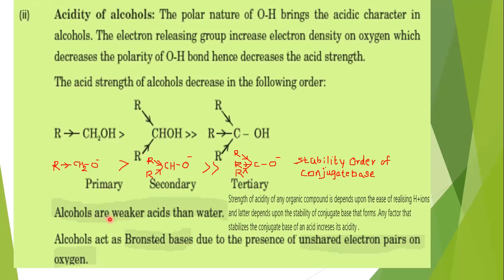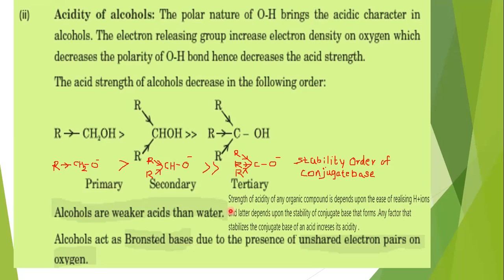Alcohols are weaker acids than water. Here, the strength of acidity of any organic compound depends on ease of releasing H plus ions. According to Arrhenius theory, if a compound is dissolved in water or taken in aqueous solution and loses H plus ion, then it behaves as acid.